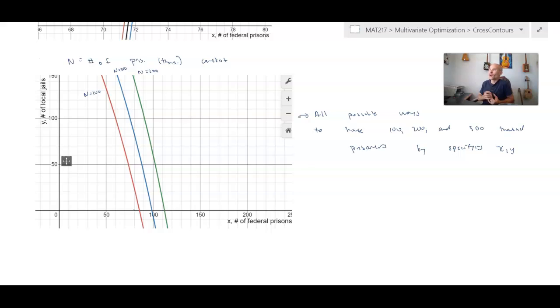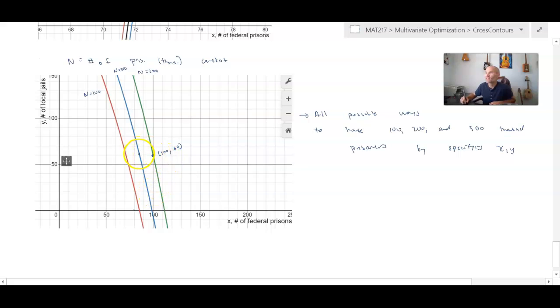So if I know, for example, I only have a certain number of federal prisons, then I can figure out the corresponding y value that will allow me to house a certain number of prisoners. For example, I'm going to pick on this point right here because it's kind of close to an integer pair. If I want to house 300,000 prisoners, one way to do that would be to have 100 federal prisons and 60 local jails.